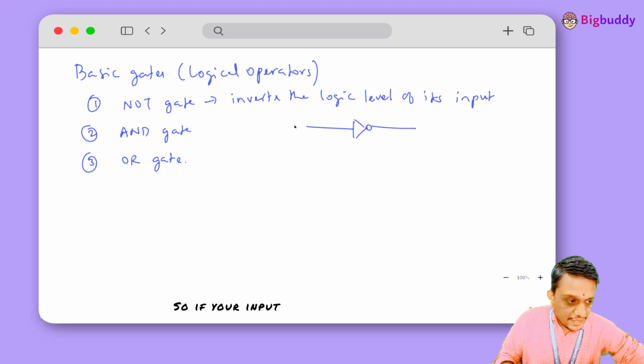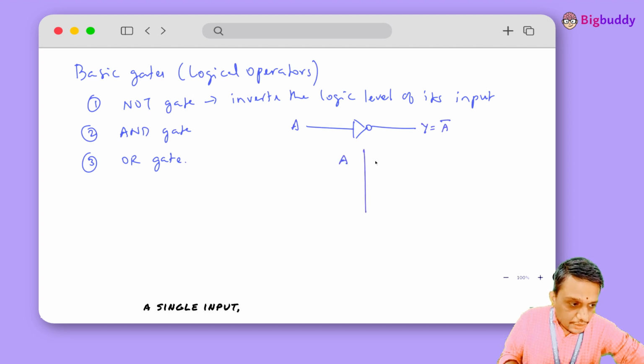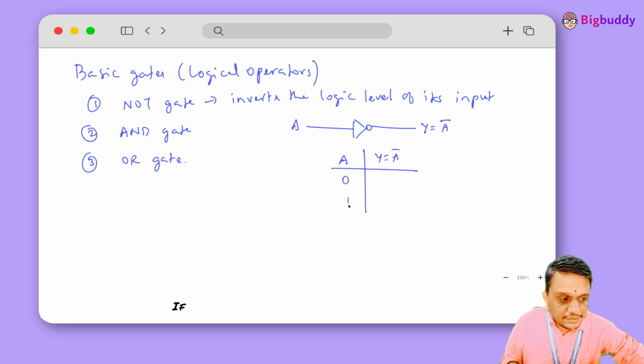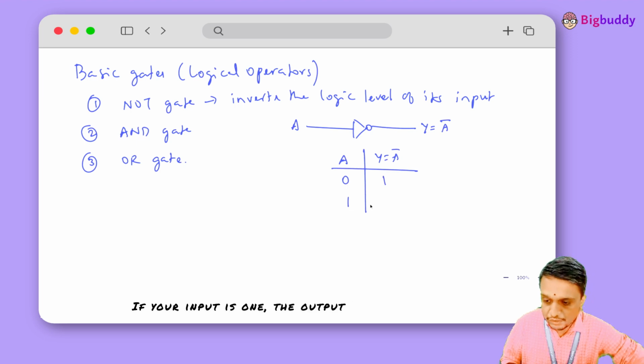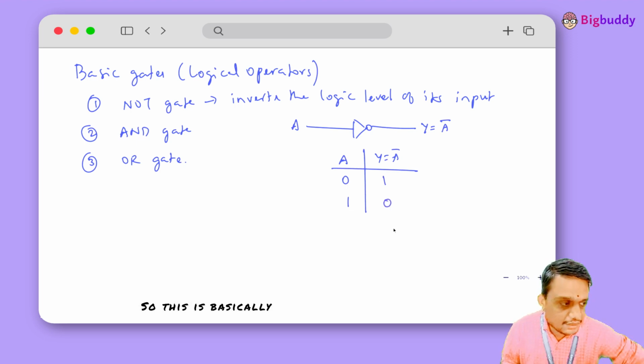If your input is A, your output will be A bar, Y being the output. With a single input you have 2 power 1 input combinations, that is 0 and 1. If your input is 0, your output will be inverted, that is 1. If your input is 1, the output will be 0. So this is basically the logic we use in the NOT gate.